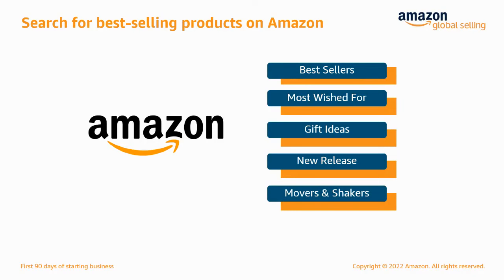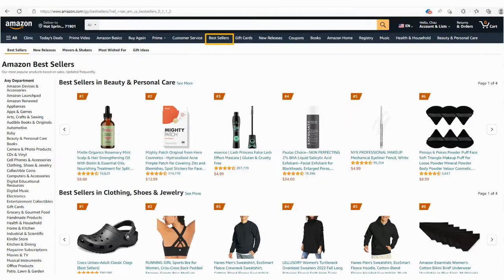Okay, this gives you some idea of where you can find the best sellers. If you don't already know, if you log into Amazon.com, on the top you can see this called Best Sellers. I think your UI may differ a little bit, depending on your profile.